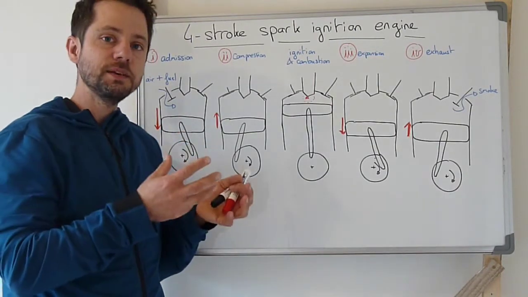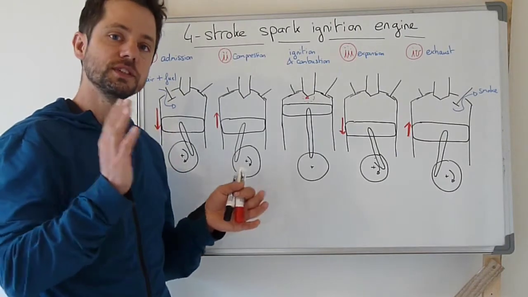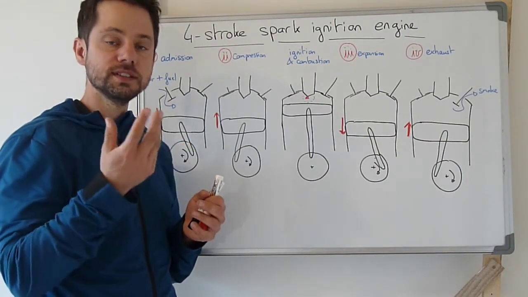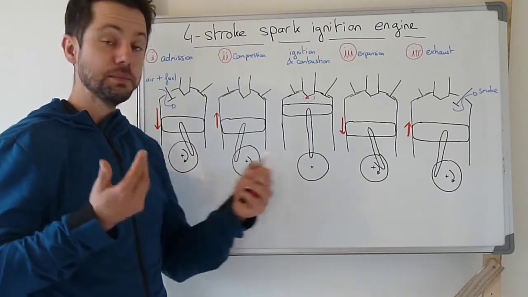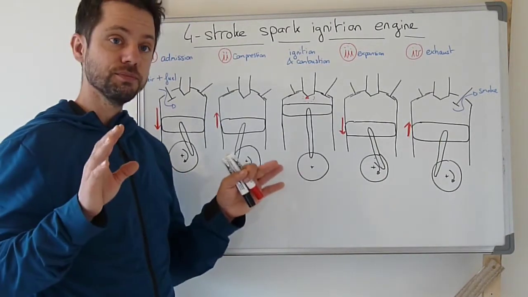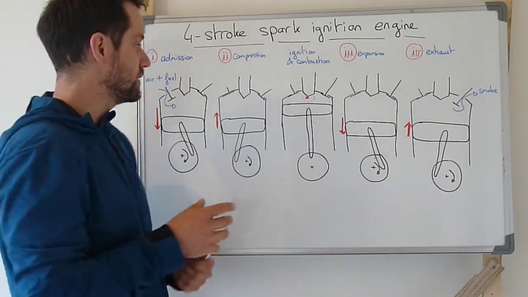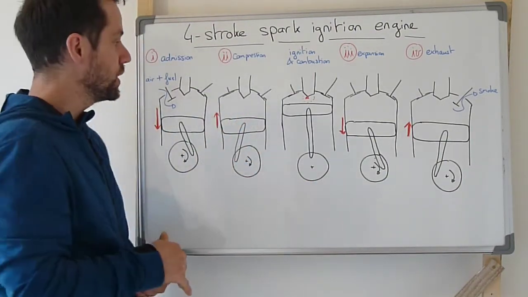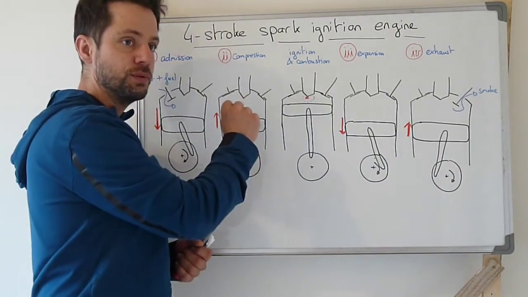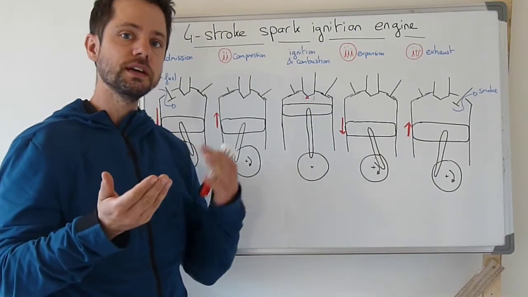So the same name, compression, can be used either to mean a decrease in volume or an increase in pressure, but depending on the heat transfer, both increase of pressure and decrease of volume may be two different things. In this case, what is done is a decrease of the volume, and this tends to increase pressure and temperature.